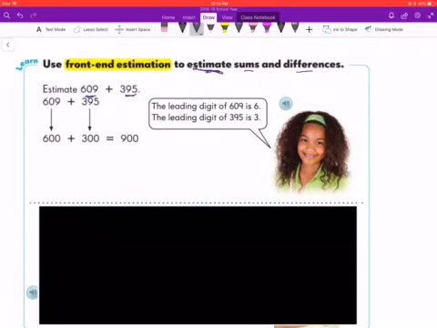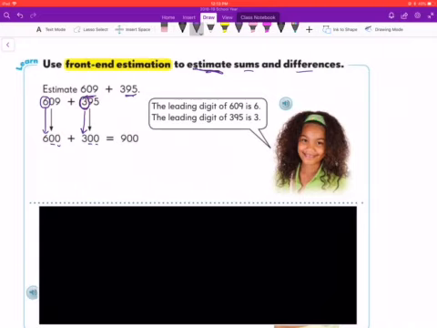What front-end estimation does is take the leading number, whatever that number is in the greatest place, make it the front number, and the rest of the numbers are zeros. Same with this 395, the 3 is in the hundreds place, the greatest value. It takes the lead, it is the front, and then the rest becomes zeros.